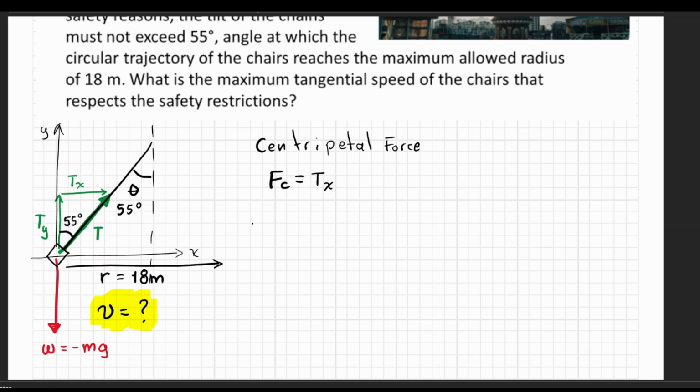The centripetal force, we know, is mv squared over r, and Tx, the x component of the tension, we can see from the diagram is the opposite side in relation to the 55 degrees.